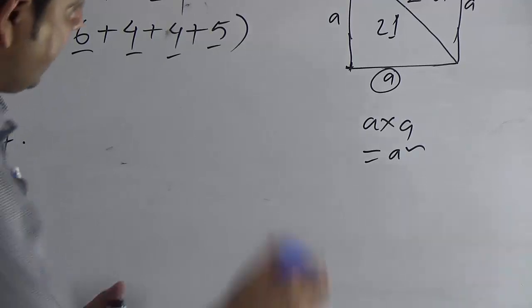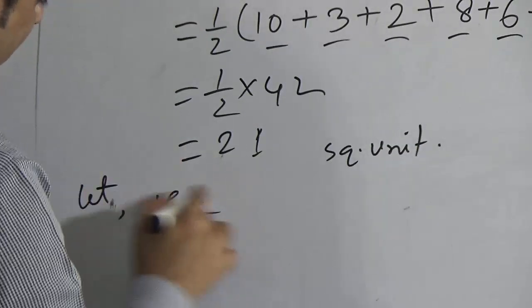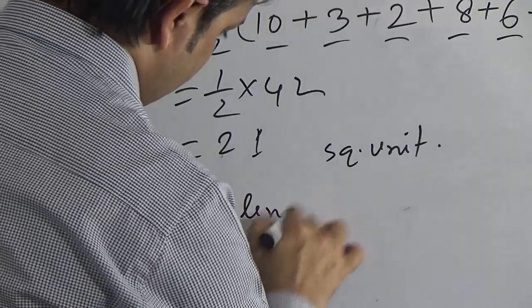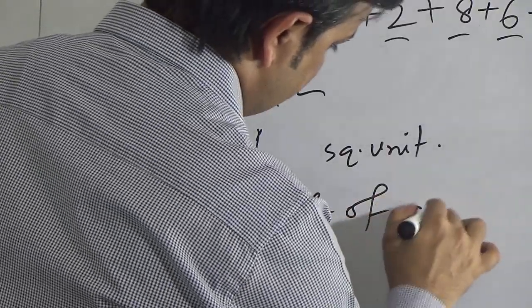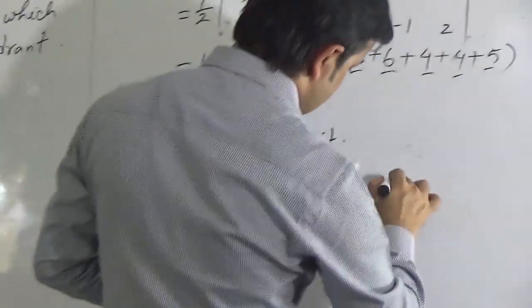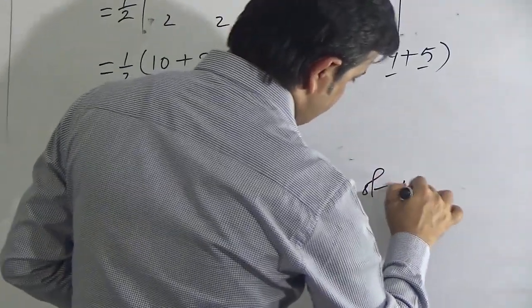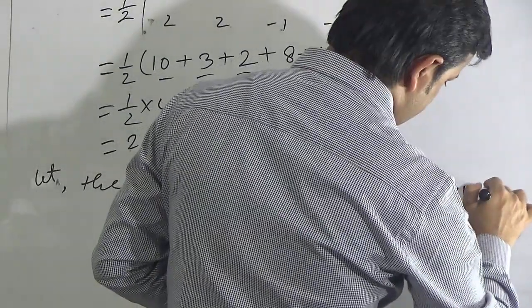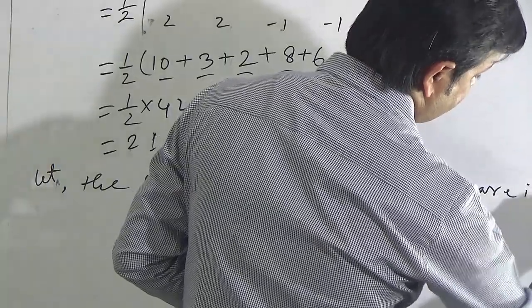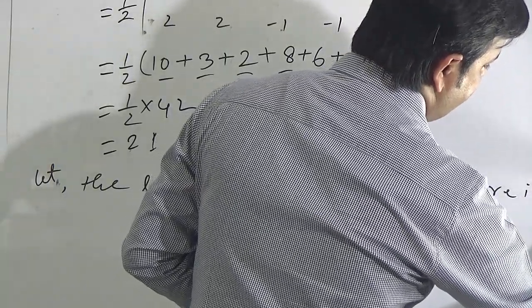So we can write here, let the length of one side of the square is a unit.